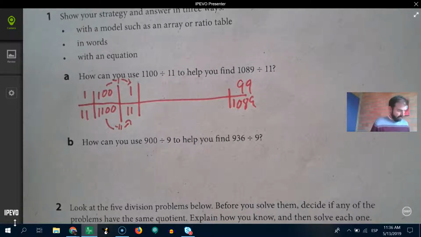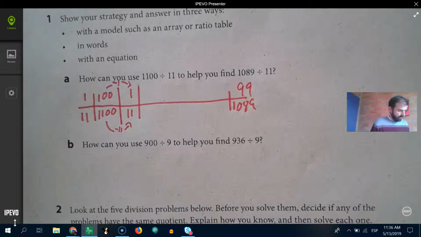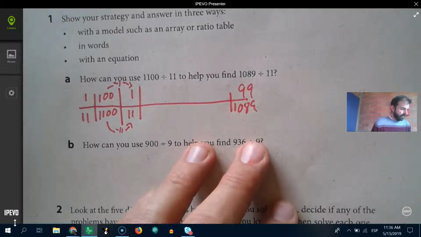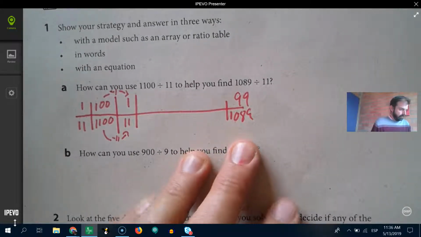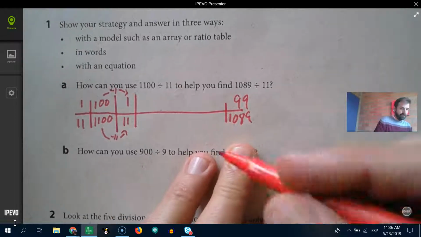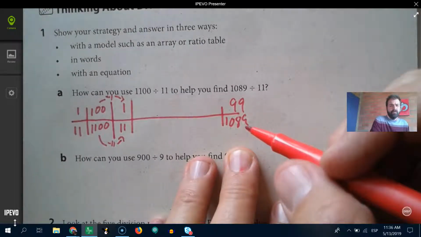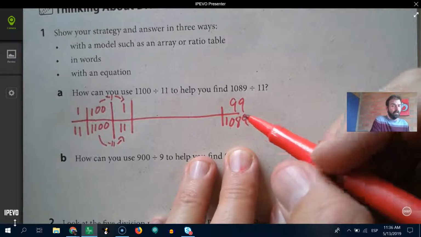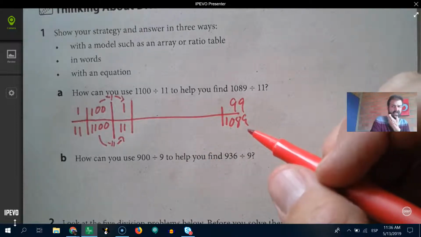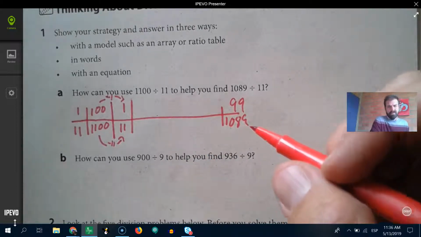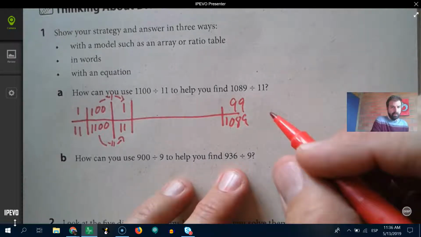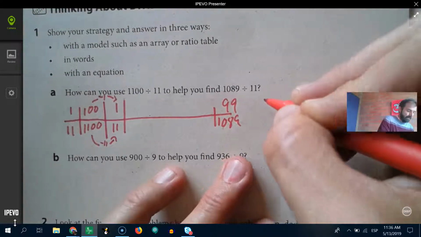Oh wait. For each one, in words. I have to write words there. Like minus and stuff, or what? I need to check to see what they mean by in words here, but I can definitely do my strategy on the equation.